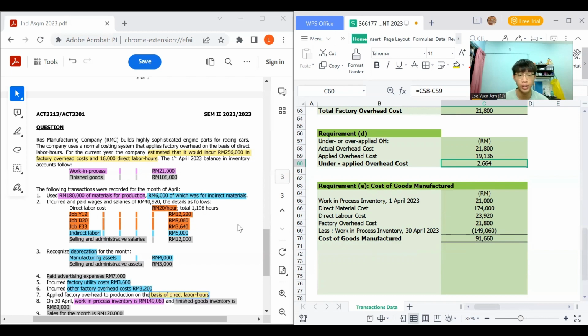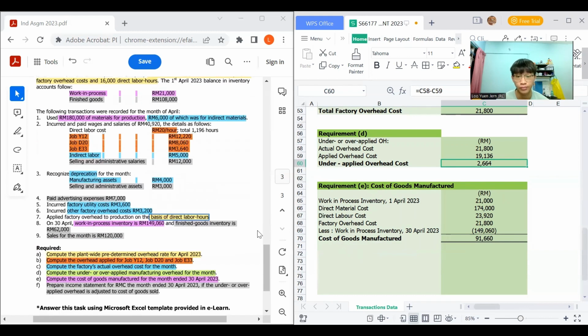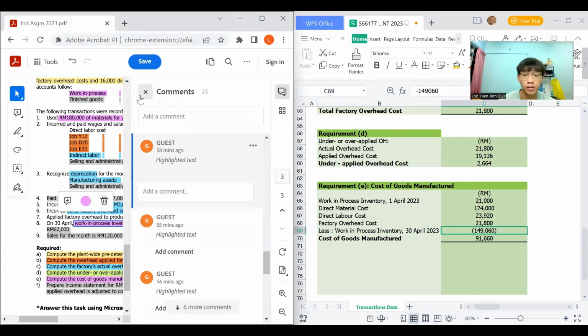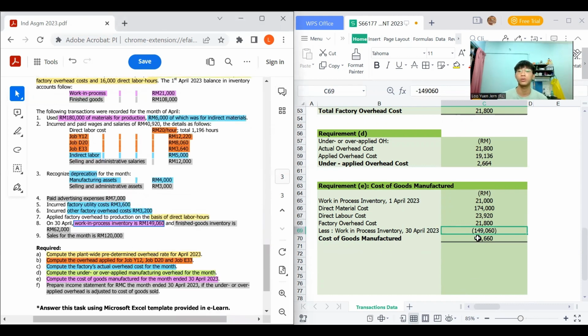For the factory overhead cost, we will use the actual overhead cost that is 21,800. And lastly, we will minus the work in process inventory for the ending, that is 149,060 ringgit. Okay, so the answer for the cost of goods manufactured is 91,660.